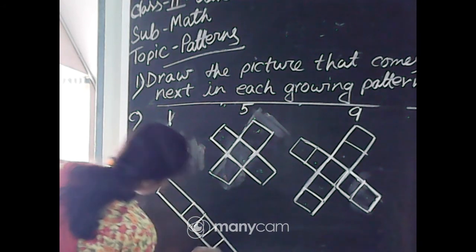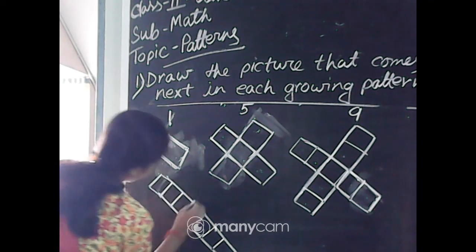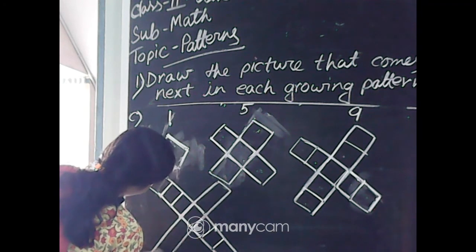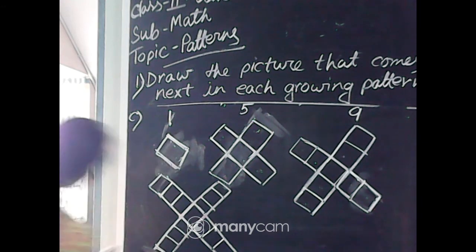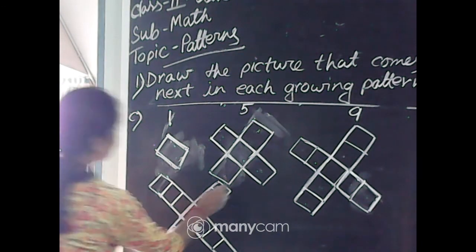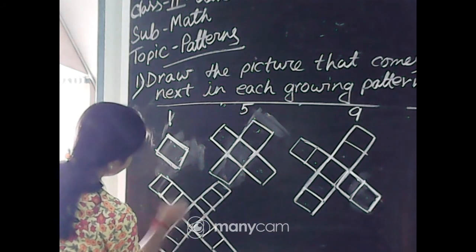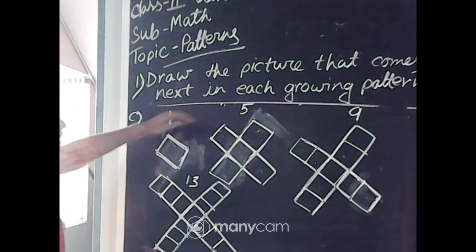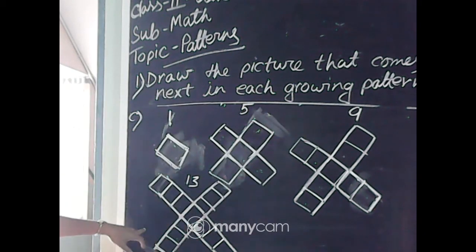1, 2, 3, 1, 2, 3. 1, 2, 3. 13. 4, increase 4, 1, then 4, 5, 9, then 9, 13, okay, 9 will be 13, yes.